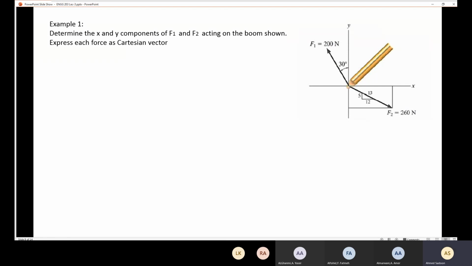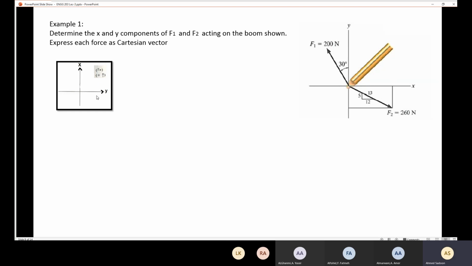Now I have F1 and I have F2. We need to determine the x and y components. They ask us to calculate the component in x and component in y for F1 and for F2, and also to express each force as a Cartesian vector. Let's see how we are going to handle this.